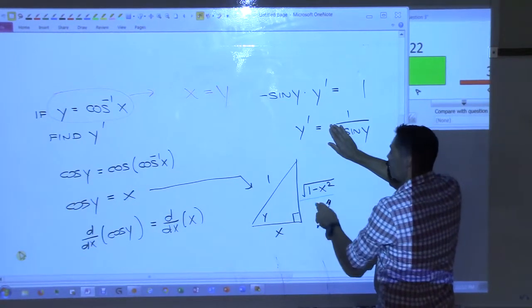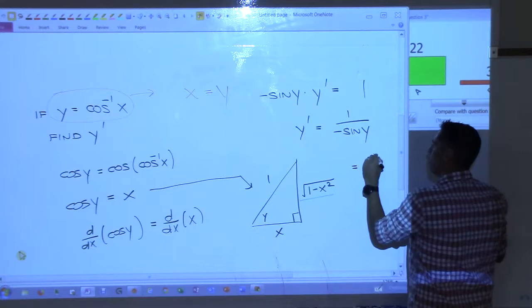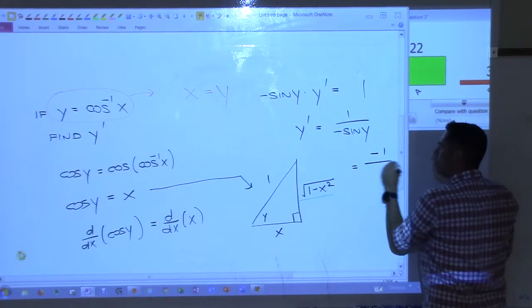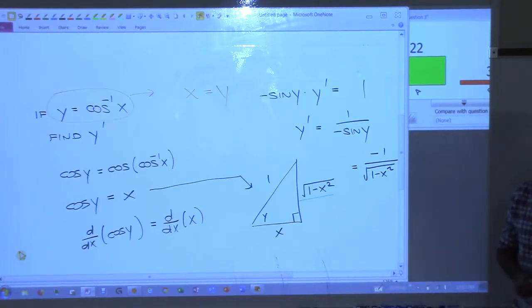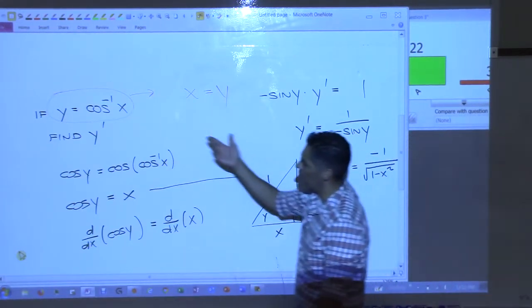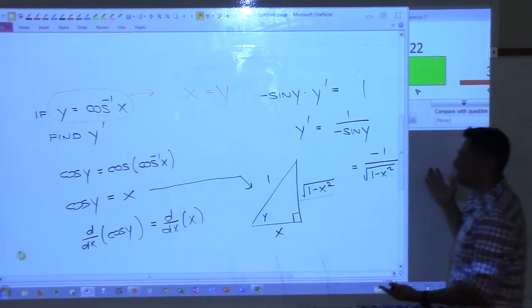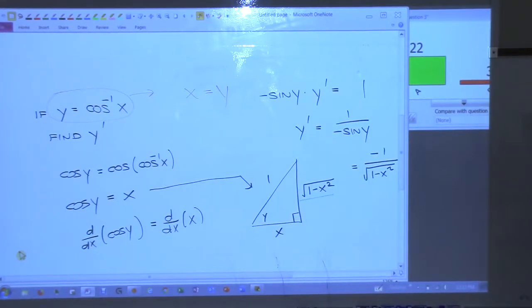So we get, I'll put the negative on top, negative 1 over square root of 1 minus x squared. So very similar to the derivative of arcsine, right? What's the difference between the derivative of arc cosine and arcsine then? Just a negative, right?